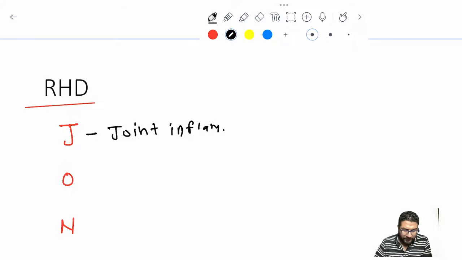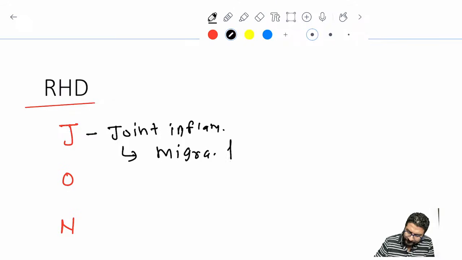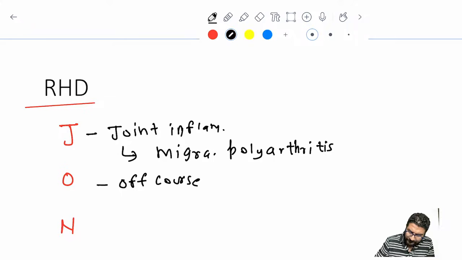This inflammation will move from one joint to another joint, so we call this migratory polyarthritis. O for, of course, heart. In heart it will cause pancarditis.